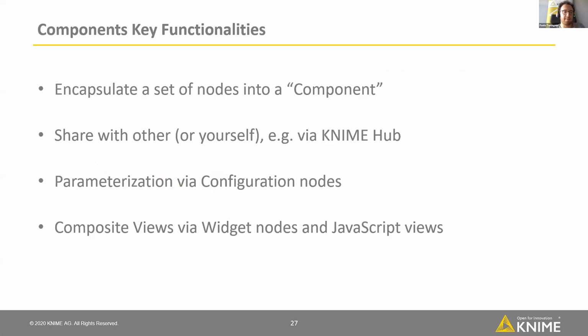But something else that is really important is that components with those widget nodes and JavaScript view nodes can create a dashboard, right? And that's the key part of what we use when you have multiple charts in the same visualization.